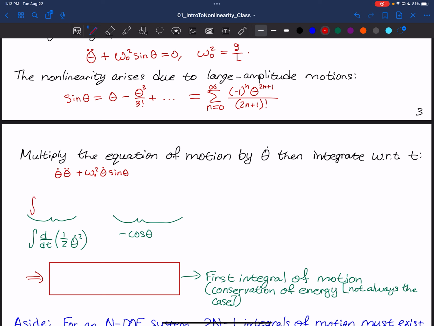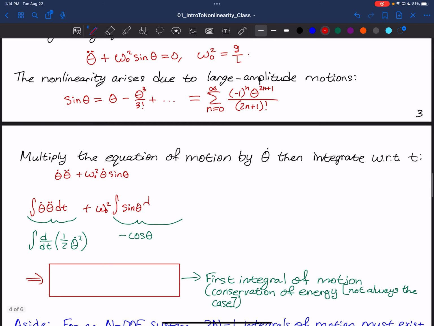We then integrate those, and we'll have theta dot times theta double dot dt plus omega 0 squared times the integral of sine of theta. And we'll write that theta dot there as d theta dt. Then we have another dt there. We'll come back to that second integral in a moment.